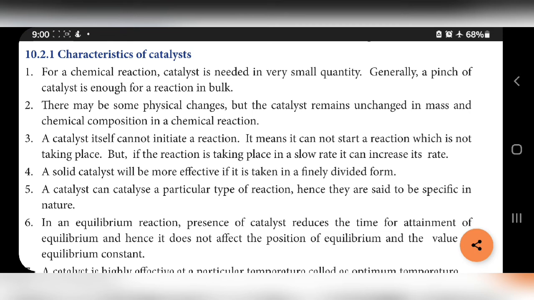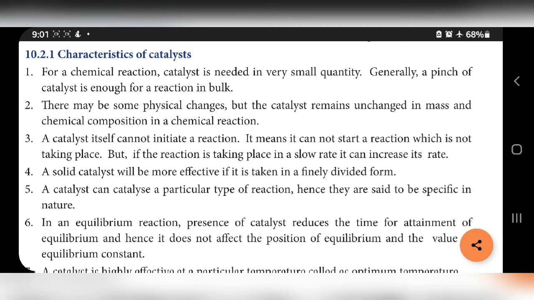Sixth point, in an equilibrium reaction, presence of catalyst reduces the time of attainment of equilibrium. Already you know about equilibrium. It contains two directions, forward direction and backward direction. A catalyst can reduce the time of attainment of equilibrium.